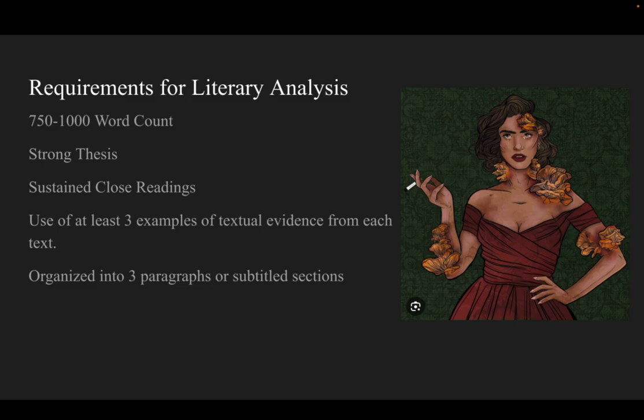So 3 pieces of textual evidence from The Yellow Wallpaper and an additional 3 from Mexican Gothic. So you're going to end up with at least 6 in-text citations, at least 6 pieces of textual evidence. And this is organized into 3 paragraphs or subtitled sections.